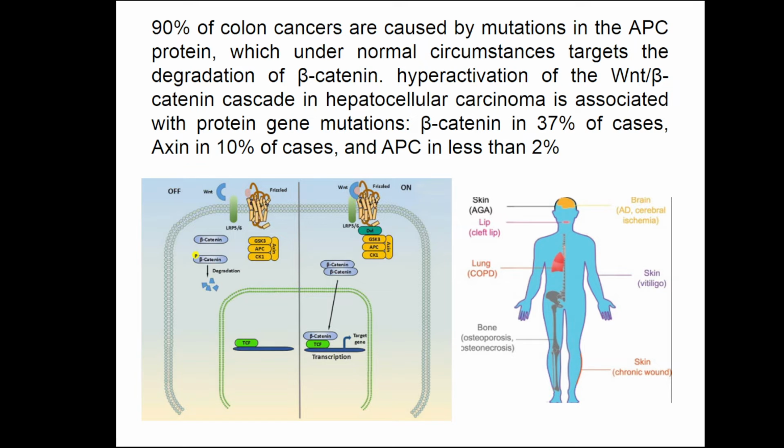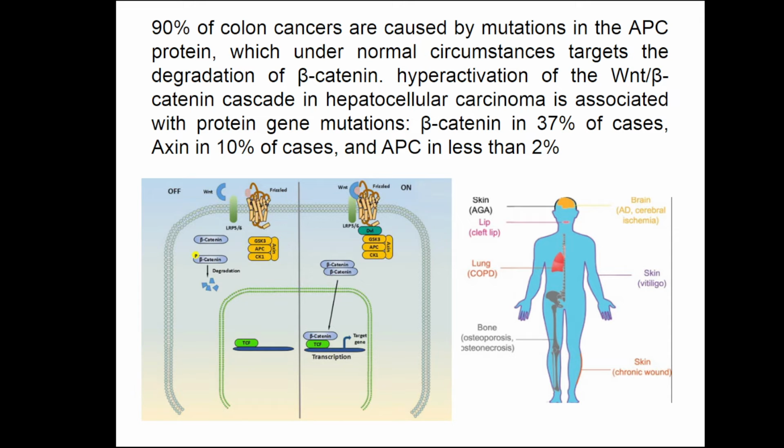As an example, you need to know that more than 90% of colon cancers are caused by mutation in the APC protein, which under normal circumstances targets the degradation of beta-catenin.